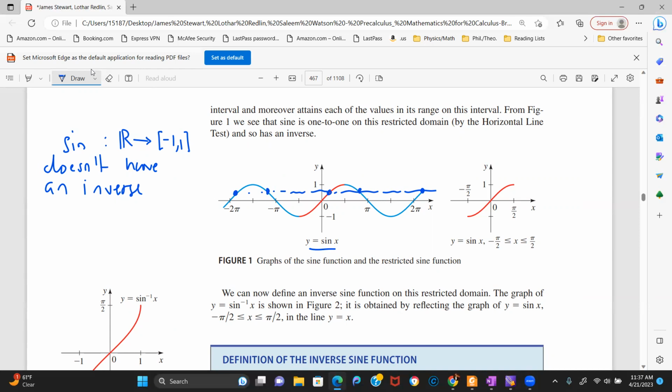But if you restrict to this interval right here, they distinguish the part of the graph in red. Sorry, I didn't do it quite right.